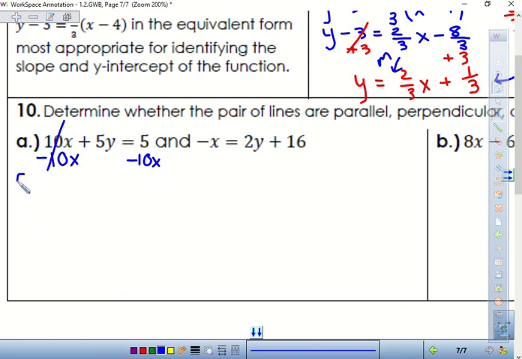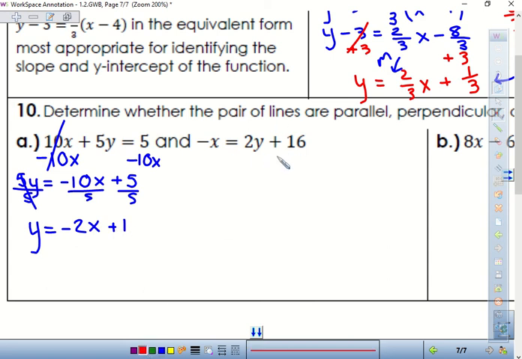So we get 5y equals negative 10x plus 5. We divide everything by 5. And we get y equals negative 2x plus 1.